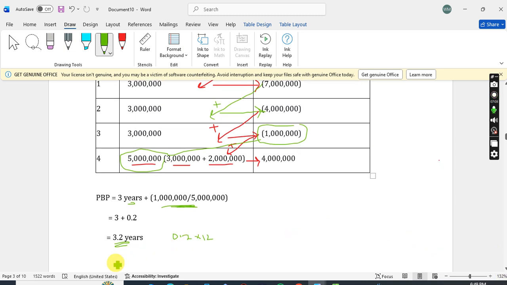That's when we get our money back: in 3 years, 2.4 months. Colleagues, you can either leave it as 3.2 years, or you can put it like this. Any questions?